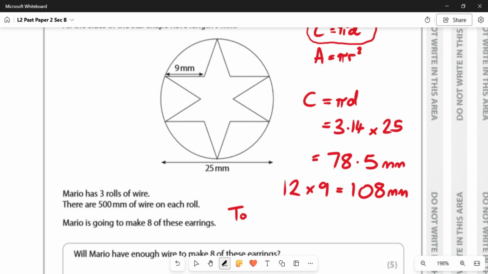So the total for one earring, let's say, is 78.5 plus 108. What does that give us? 186.5.